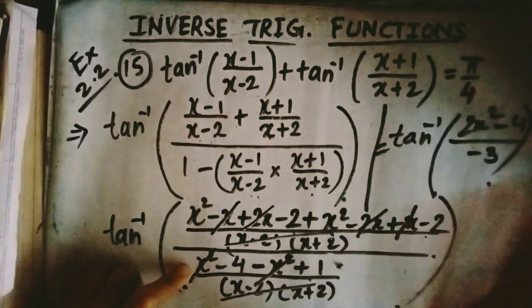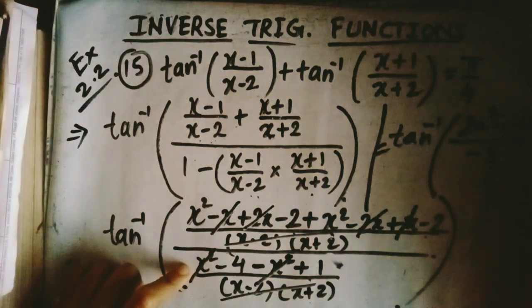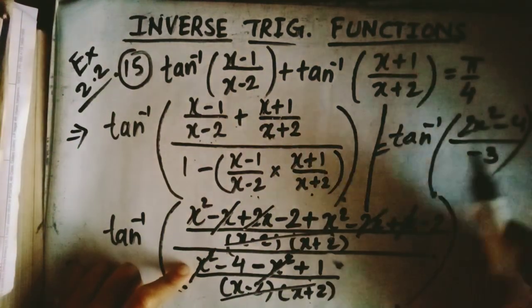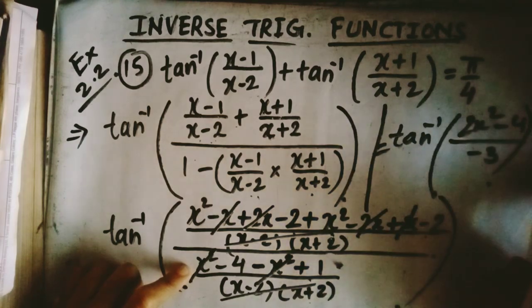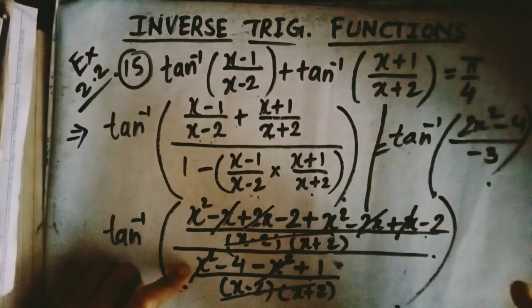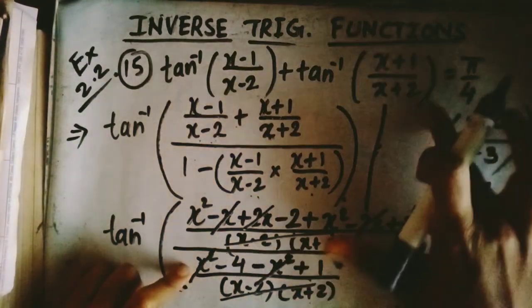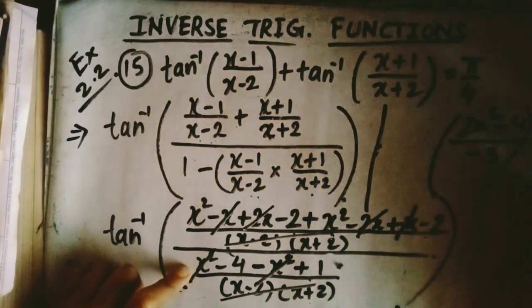Okay, and this we have given equal to pi by 4. Okay, so you can take this tan inverse that side, so it will be tan of pi by 4, and tan of pi by 4 we know that it is 1, so I will directly write here equal to 1.